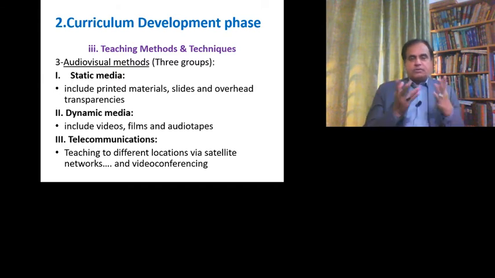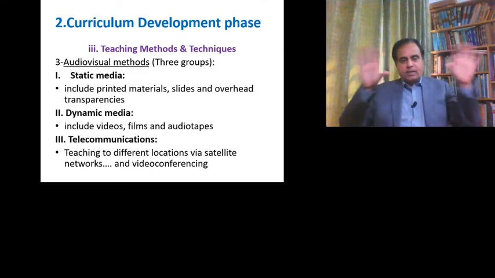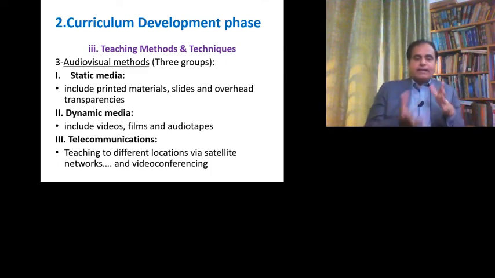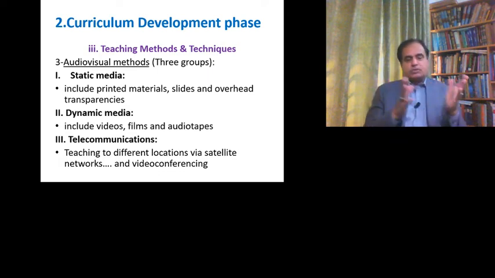I don't know whether you know the overhead transparencies. They were used before multimedia technology was made available. But also the printed material in the form of charts, cards, and the slides, of course, and so on and so forth. Dynamic media is the videos, the films, the audios, and so on and so forth.